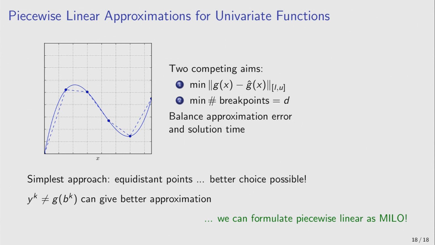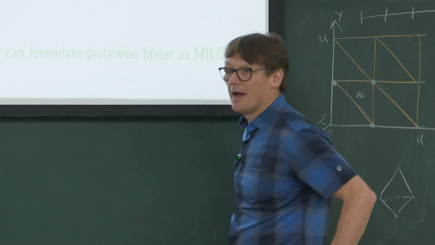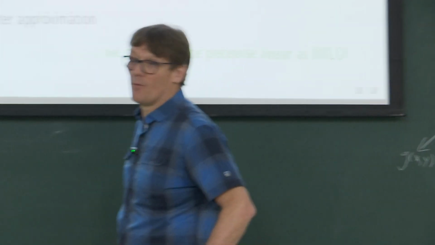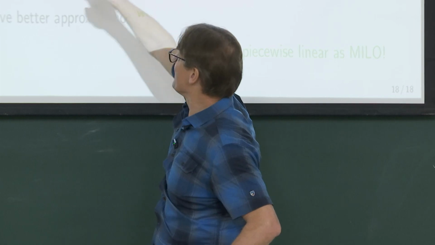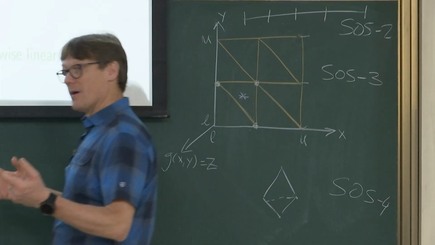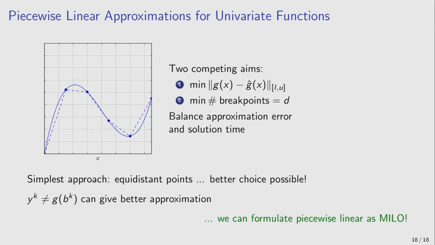But the answer is you would map this out and maybe have some idea of what the approximation error is. You can work out the approximation error on each of these intervals, for example. You might want to have a uniform approximation error. The error in this first interval is quite small, and it's quite large in the second interval. So maybe one way of doing it is to say, I want a uniform approximation error.